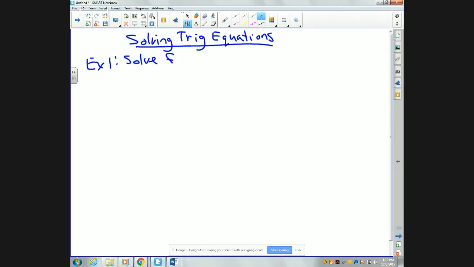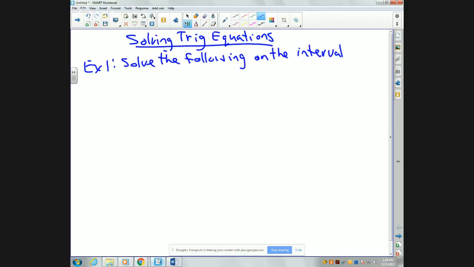So let's solve the following on the interval 0 to 2 pi.